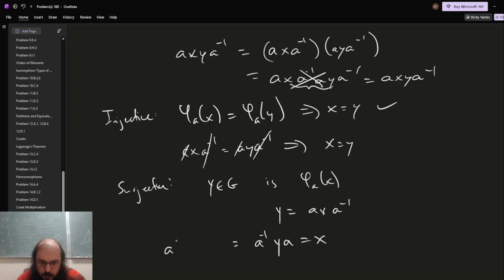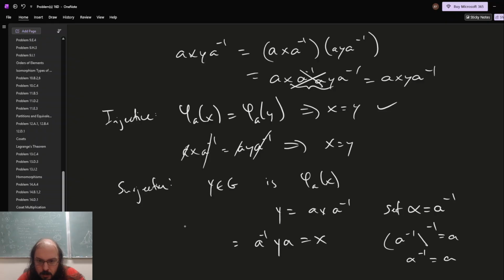If I set alpha equals A inverse, then this is alpha y alpha inverse because A inverse inverse equals A. So therefore alpha inverse equals A, which would be phi alpha. It's not really what I mean to say. This isn't doing what I want to do.